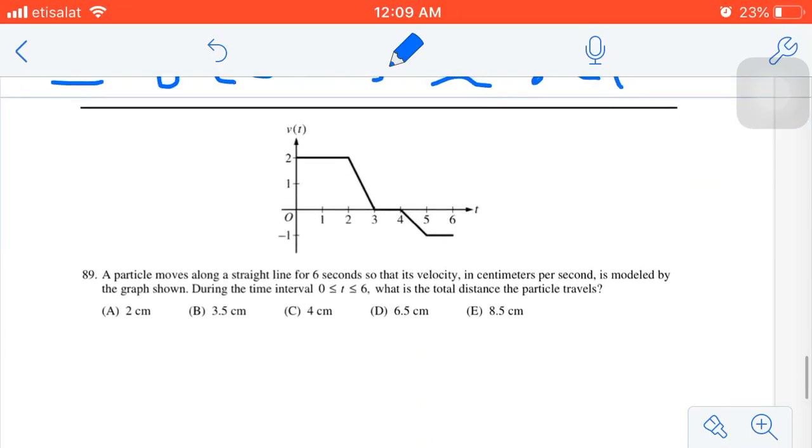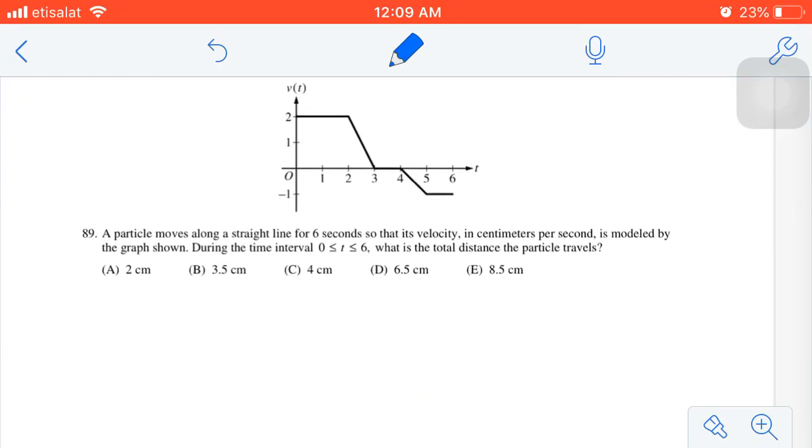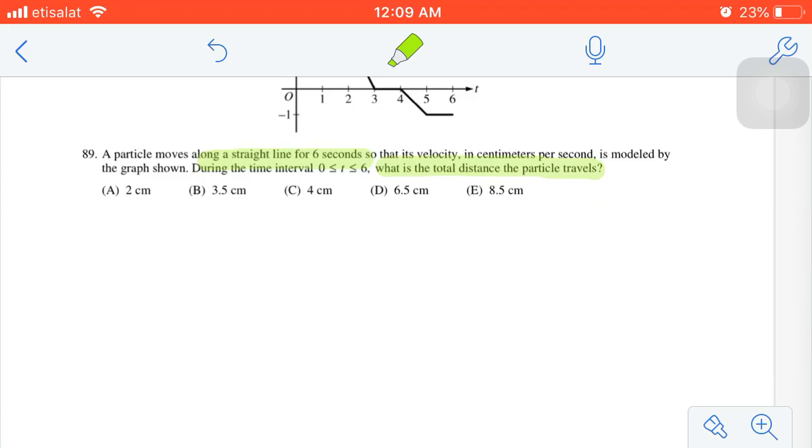Okay, the last question is question number 89. A particle moving along a straight line for 6 seconds, so that its velocity in centimeters per second is modeled by the graph. What is the total distance the particle travels?